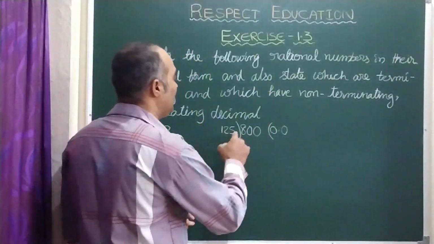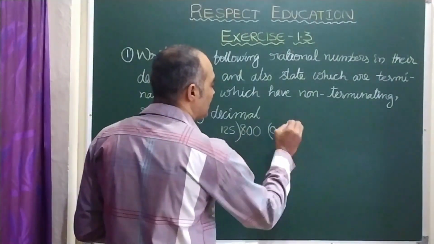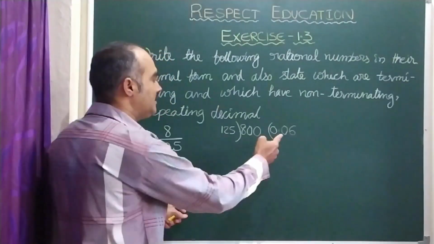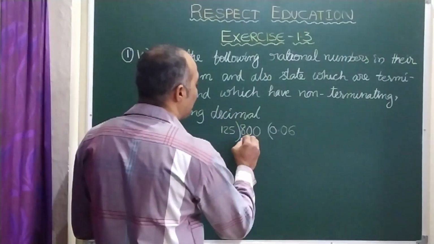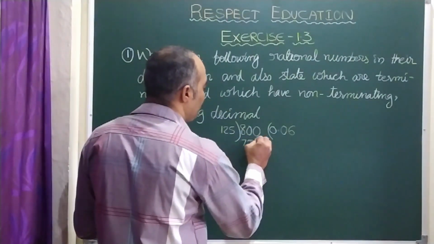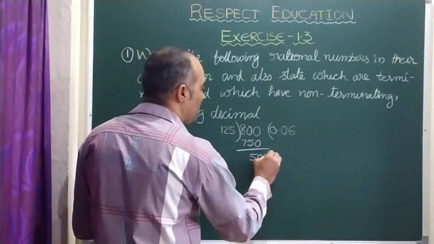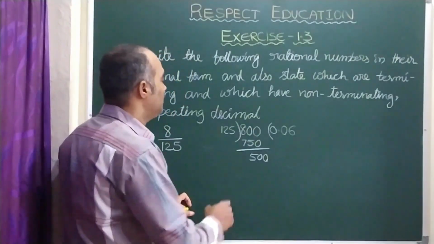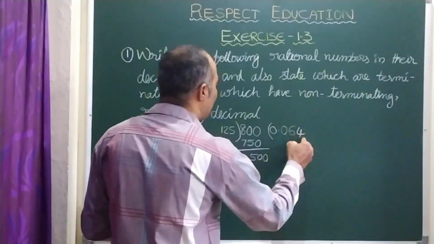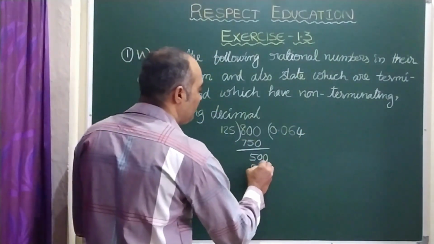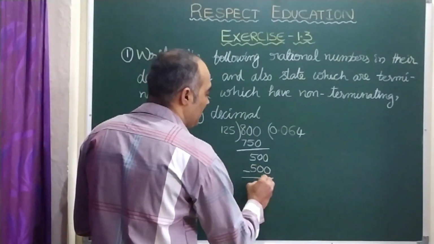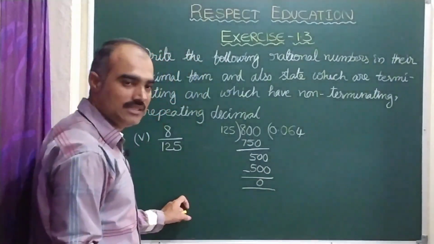So if you see here, 125 you can take 6 times, so 6 times 125 is 750, right? On subtracting, you will get 50, and because of the point here, 500. So here you can take 4 times 125 is 500.